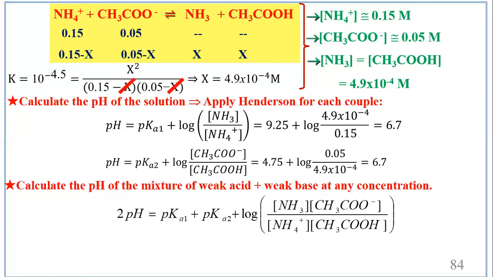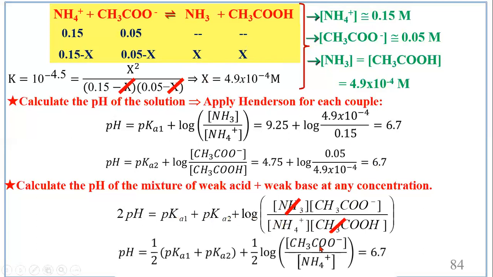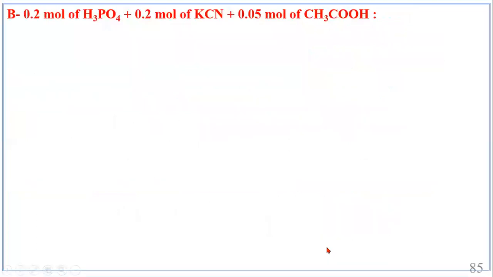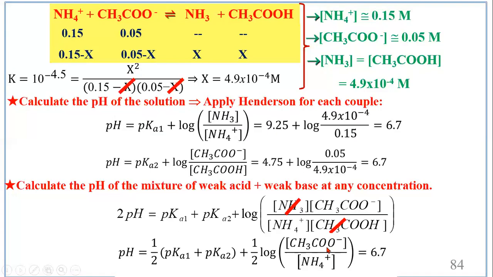concentration. Now, it would be wonderful if something cancels. So in this case, whatever's on the product side is canceling because they have the same concentration. And then you put the reactant concentration in there. So this becomes whatever the reactant concentration is, which is CH3COO minus divided by the NH4 plus.